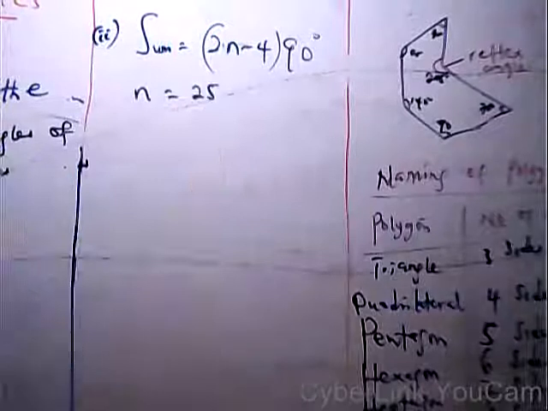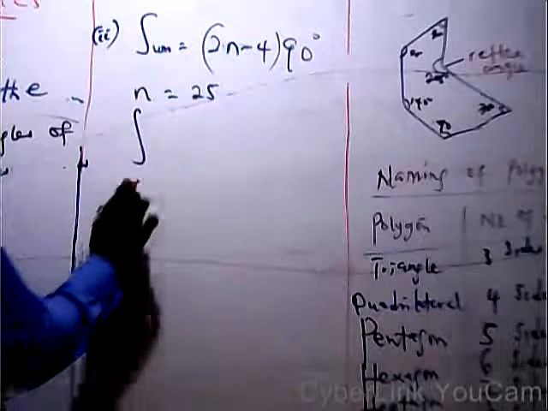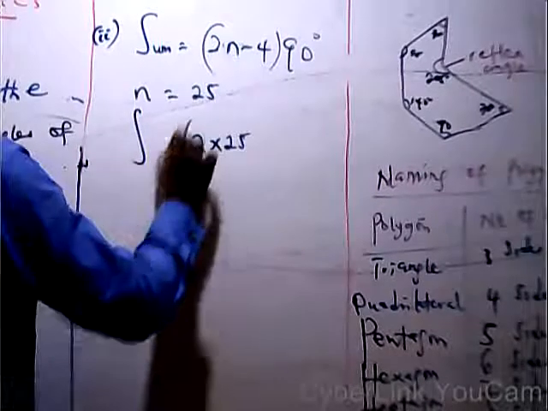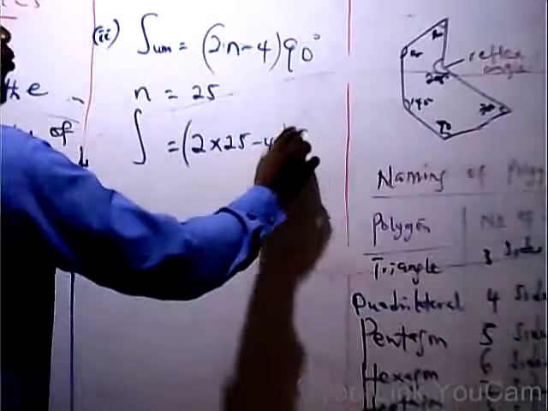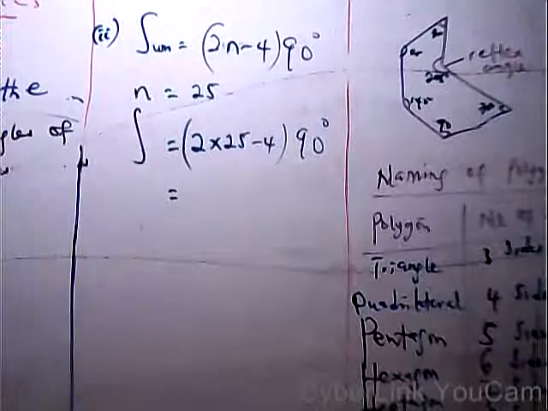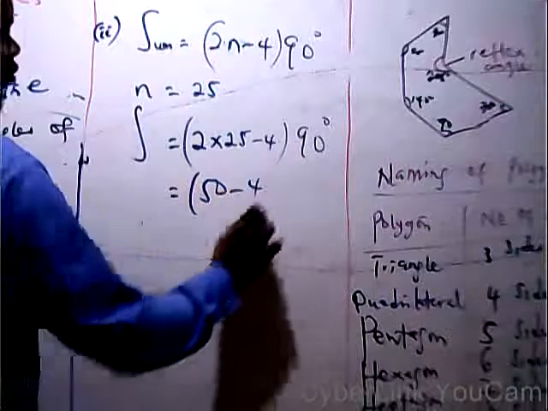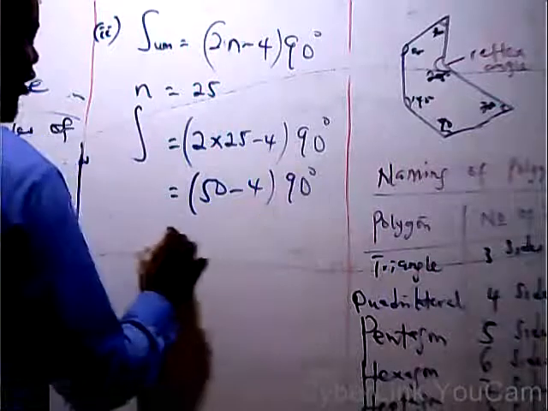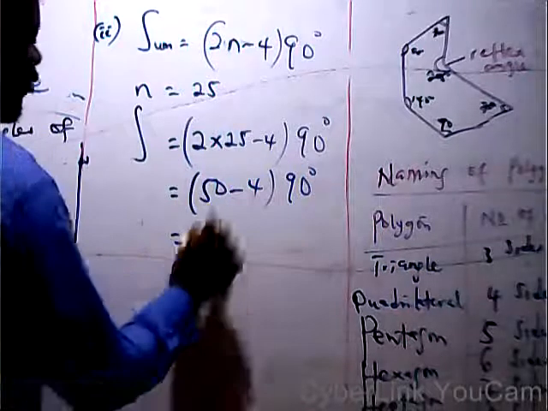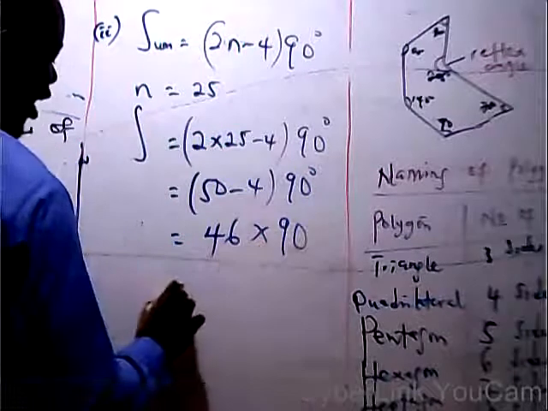So the sum is 2 multiplied by 25 minus 4, multiplied by 90 degrees. What is 2 times 25? That is 50. So we have 50 minus 4, which is 46. We now have 46 multiplied by 90 degrees.